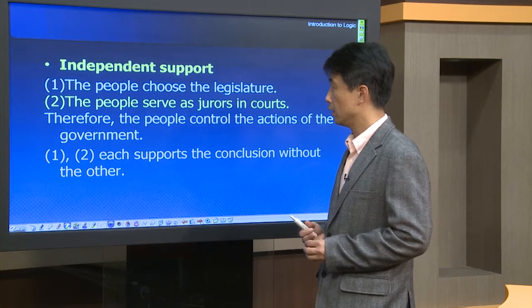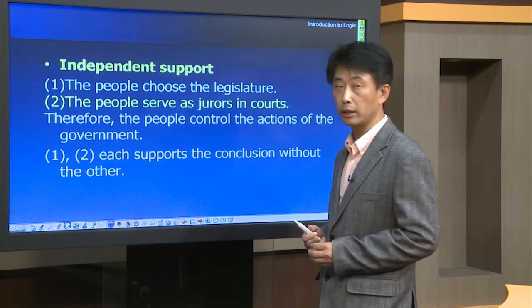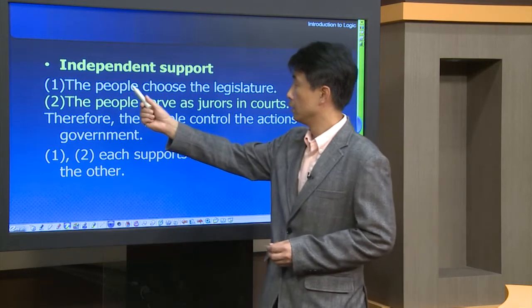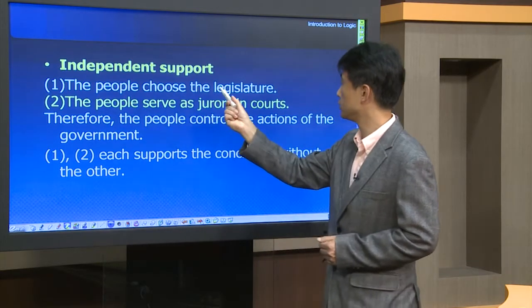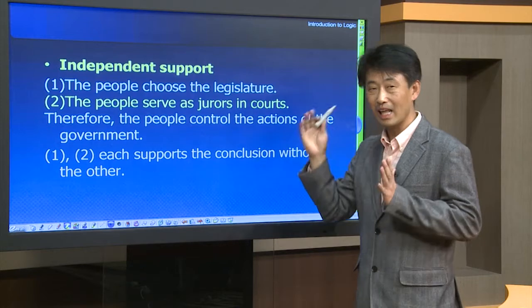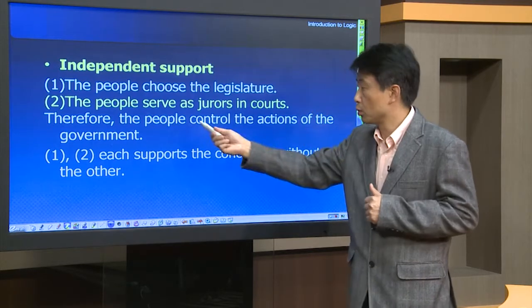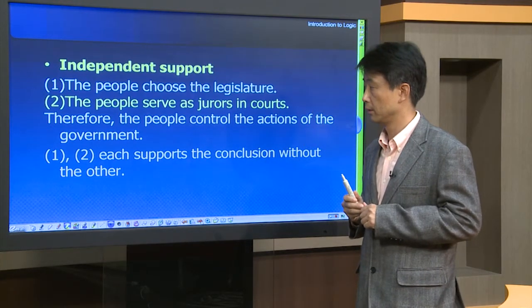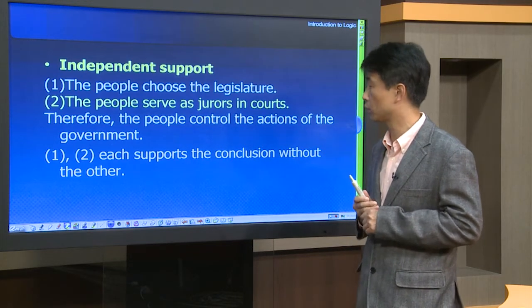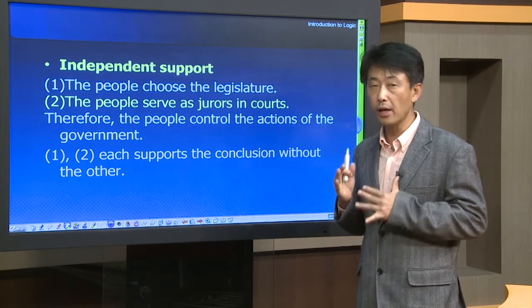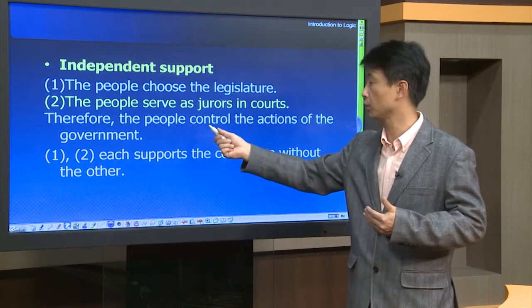In this argument, you can recognize that just the first premise alone, the people choose the legislature, at least gives some support for the conclusion. Likewise, for the second premise, the people serve as jurors in courts. That fact in itself gives at least some support for the conclusion.